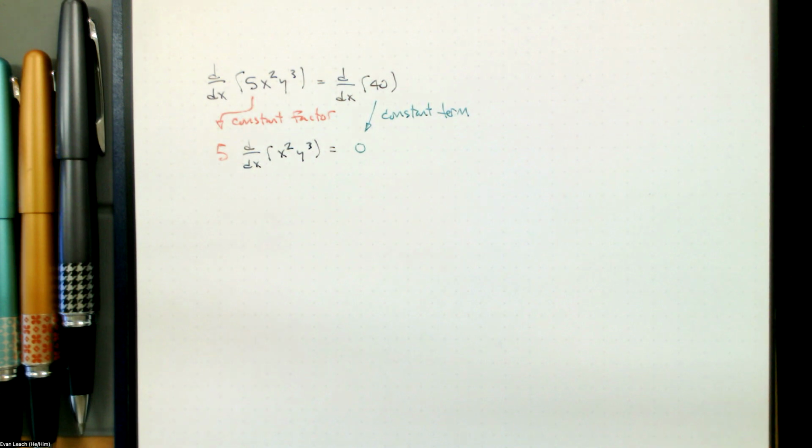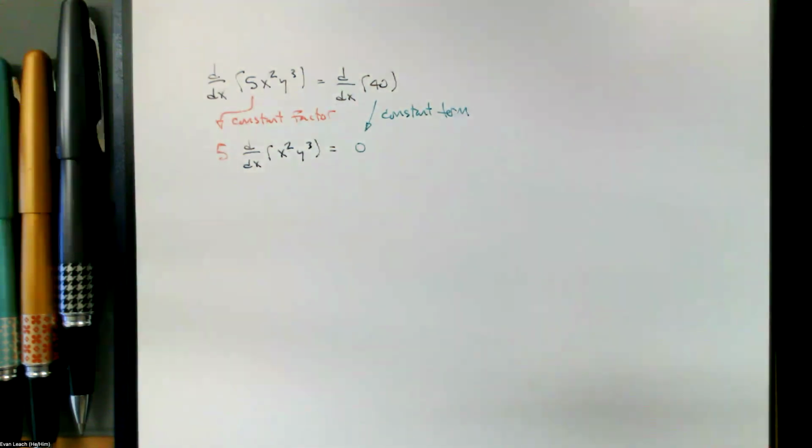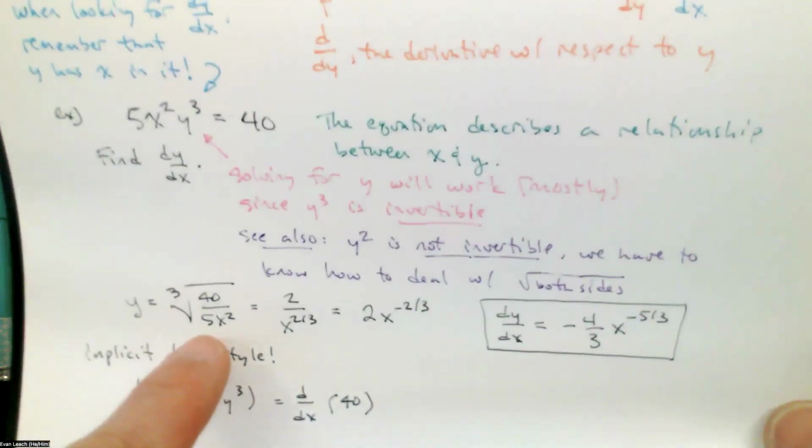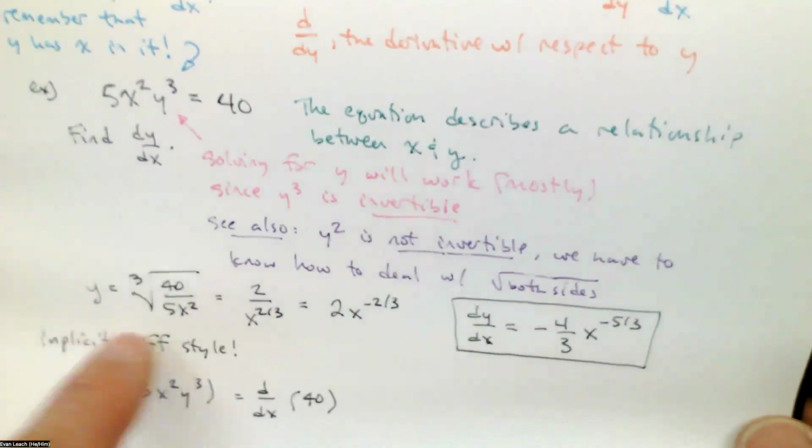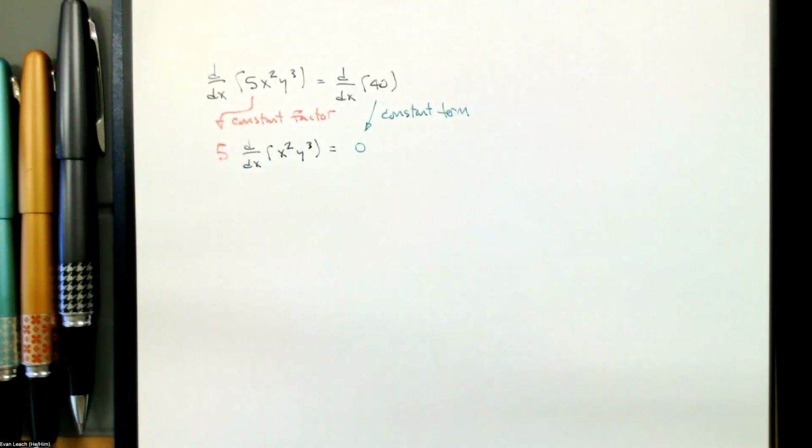What we want to remember is that the y cubed has some x in it. In fact, in the previous go with the problem, we specifically wrote down what x is contained in the y. So we have to look at the x squared times y cubed. Both of those factors contain x.